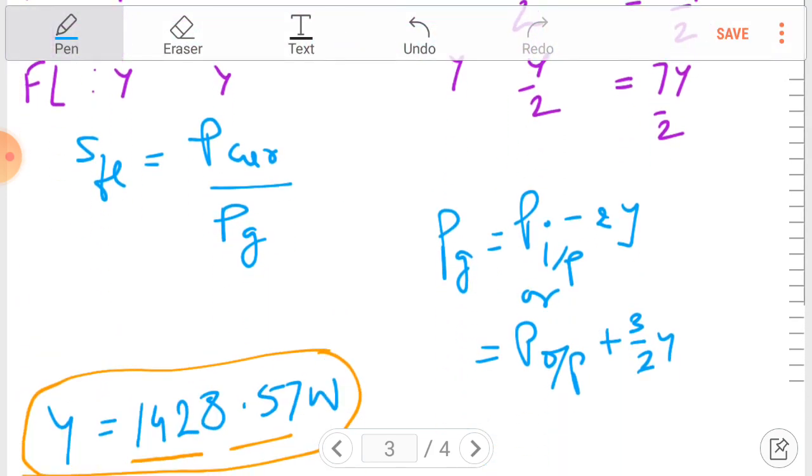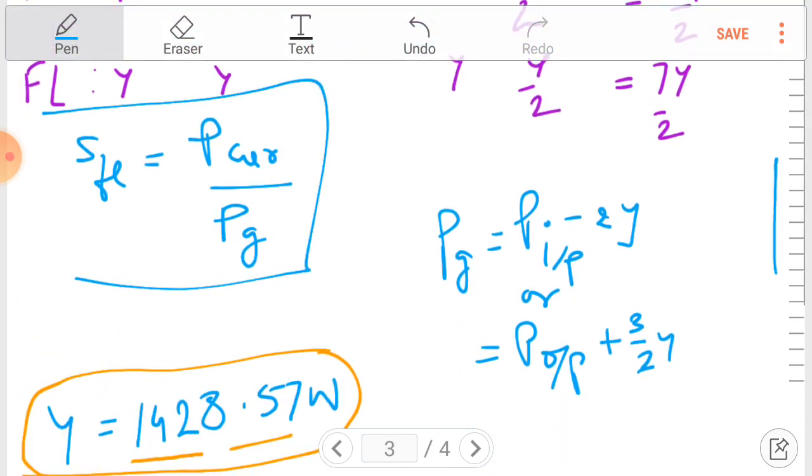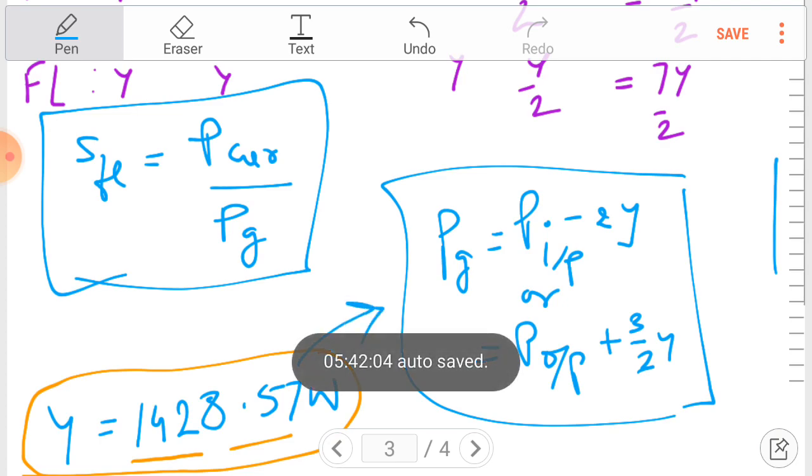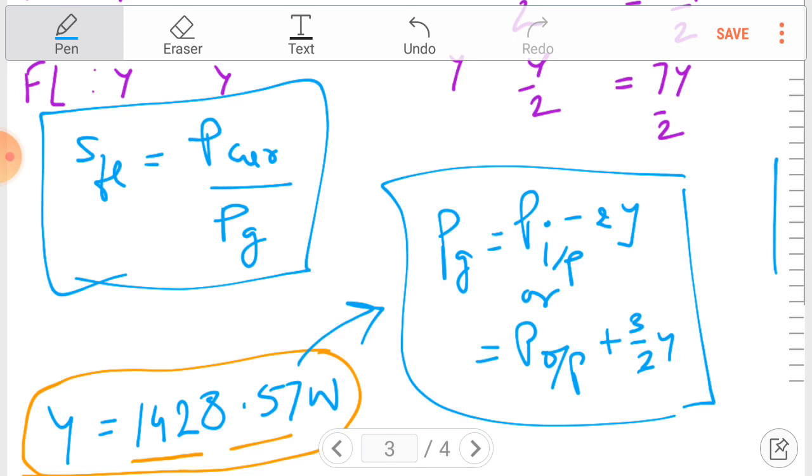So SFL equals copper loss at rotor side divided by air gap power. Air gap power can be determined by using the two formulas: input power minus 2y, or output power plus 3 by 2 y, and y we got equal to 1428.57 watt.